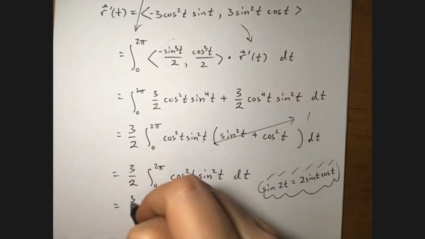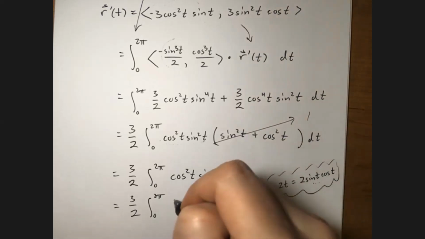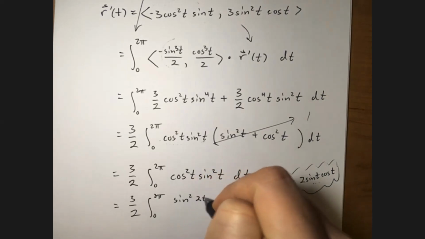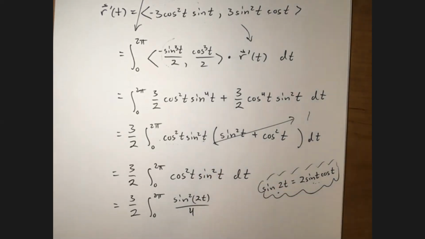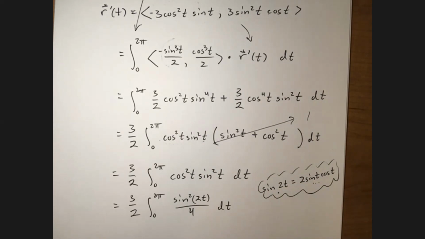So I can write this as, if I just divide both sides by 2 and square both sides, right, I get sine squared of 2t divided by 4. And what can we do with that? Well, I think there's another trick. So let's pull the 1/4 out.